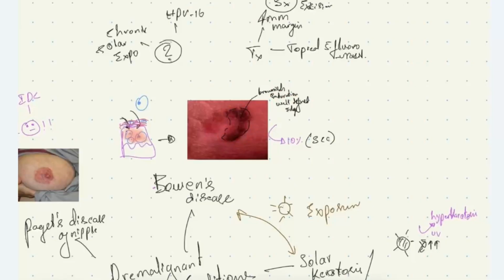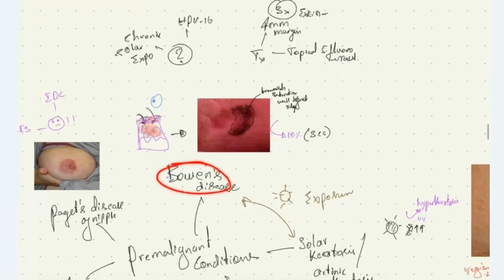Why does Bowen's disease occur? What is the reason for a person to develop Bowen's disease? Chronic solar exposure, that is chronic exposure to sunlight, and HPV-16 infection have been associated with Bowen's disease.